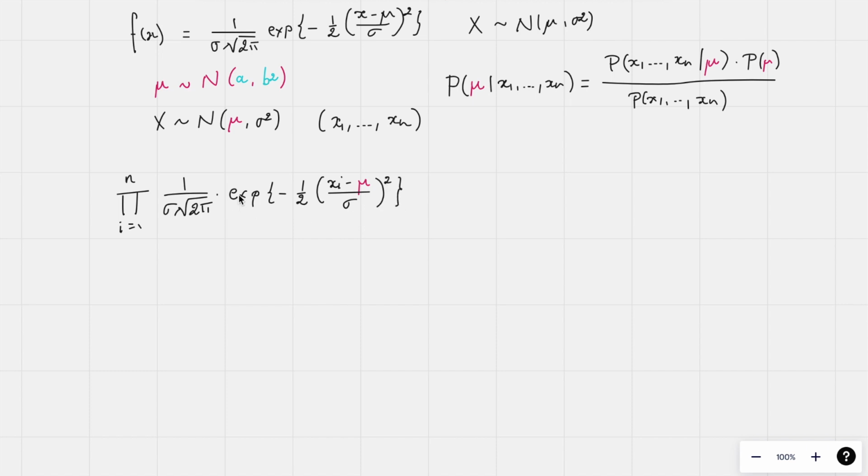So we have n terms in the product here, times the probability density of mu, which is 1 divided by the standard deviation of mu, b, times the square root of 2 pi as usual, times the exponential of minus 1/2, and this time mu is the variable and the parameters are a and b.